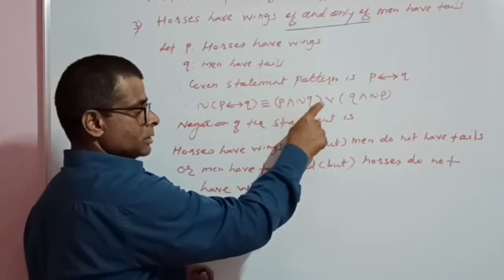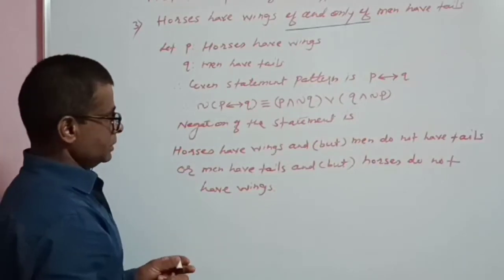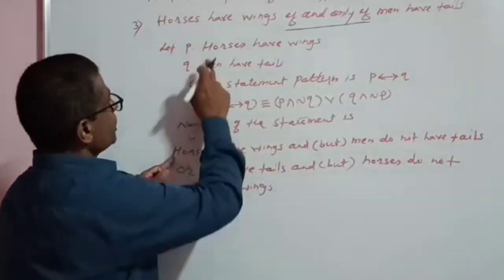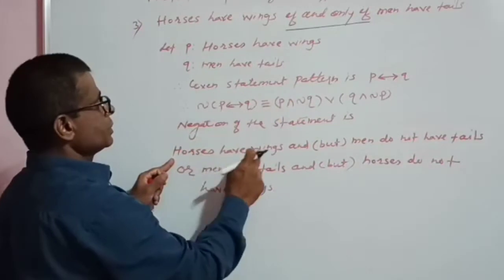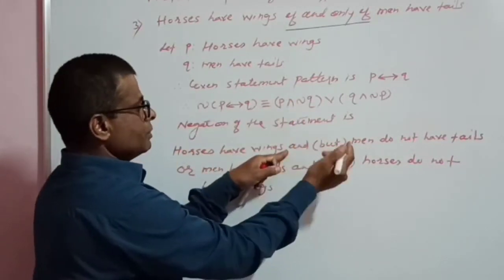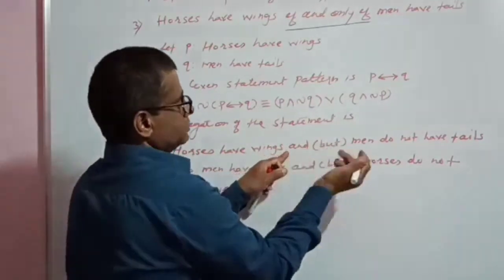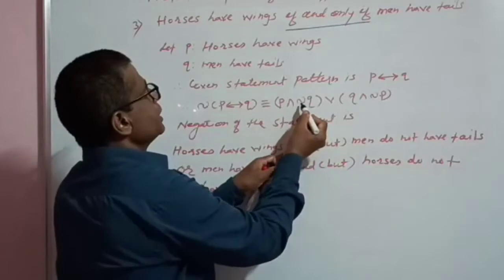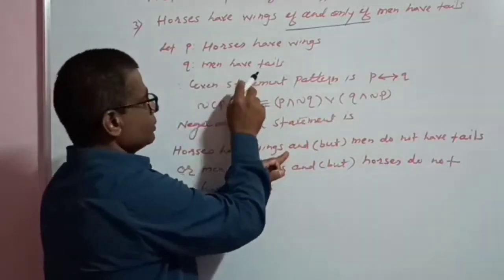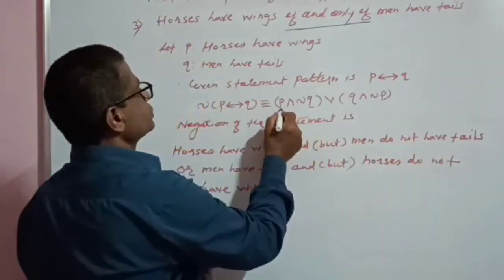Now by using the rules of negation, negation of P biconditional Q is P conjunction negation of Q, disjunction Q conjunction negation of P. So take P: horses have wings. Then conjunction, and, or instead of and you can also use but, negation of Q. Q is what? Men have tails. Its negation: men do not have tails.